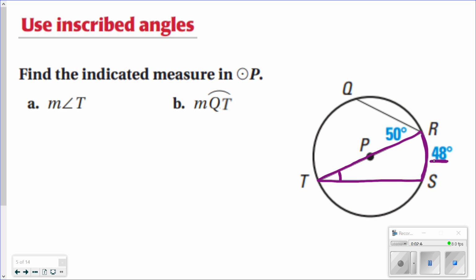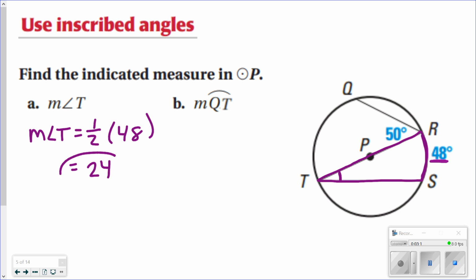From our last theorem, the inscribed angle is half the measure of the arc. So if my arc is 48 degrees, what's the measure of angle T going to be? Well, the measure of angle T is equal to 1/2 the arc measure, and we know the arc measure is 48. So the measure of angle T then is 24.